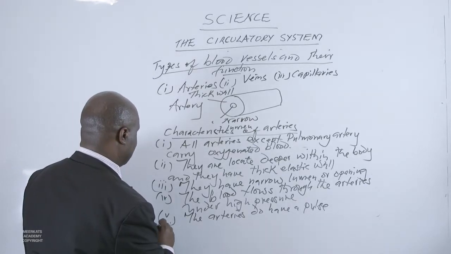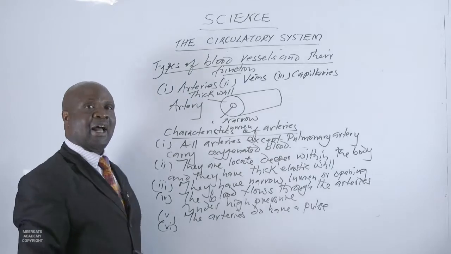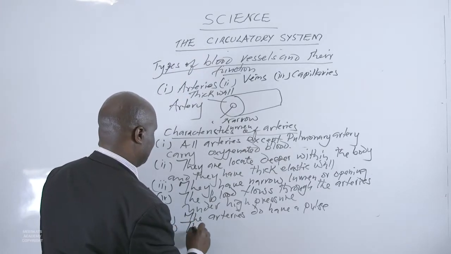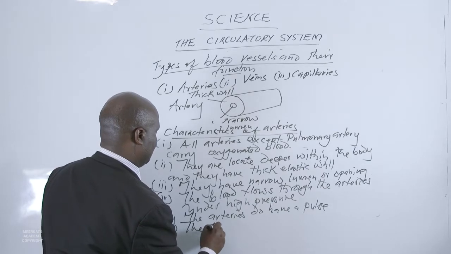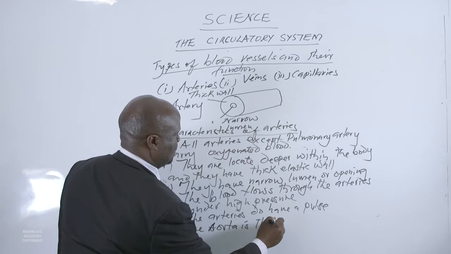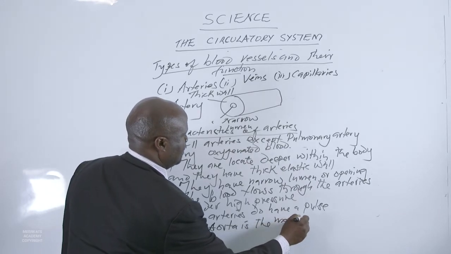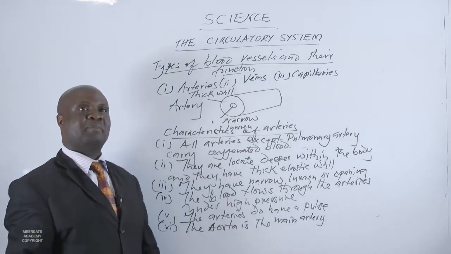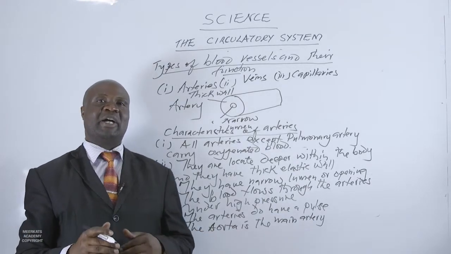Then the sixth characteristic, the aorta is the main artery.